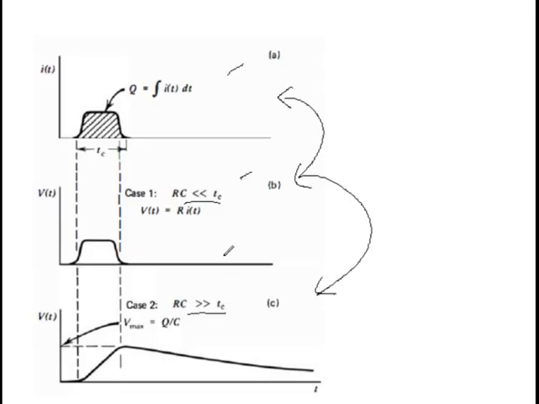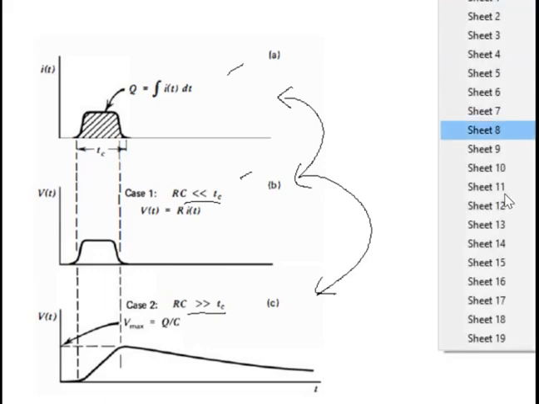Since this case 2 is by far the most common means of pulse type of operation for detectors, it is important to draw some general conclusions.